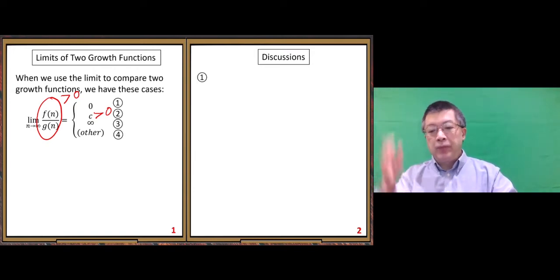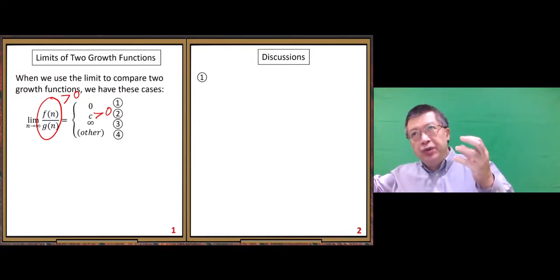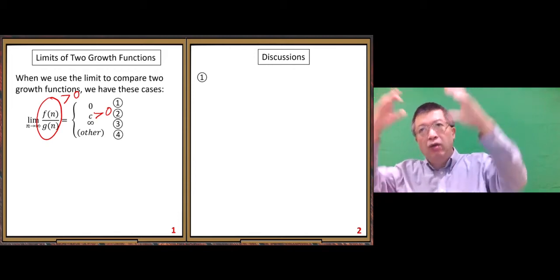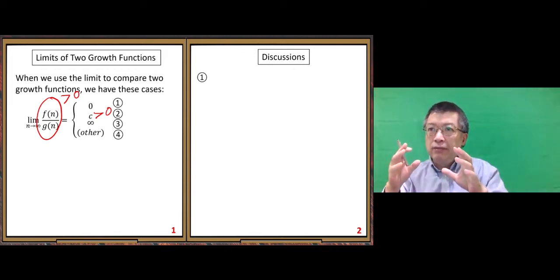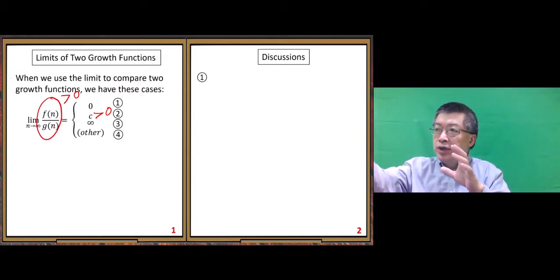Case 1. What does that mean? When n is very large, the ratio f of n over g of n approaches 0. What does that really mean?